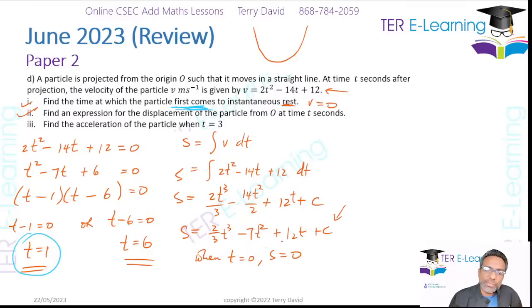So if I substitute 0 into that formula, I'm going to get this constant equal to 0. So the answer is simply going to be S is equal to 2/3 t cubed minus 7t squared plus 12t. That's it. We don't need to do anything else to work that out.